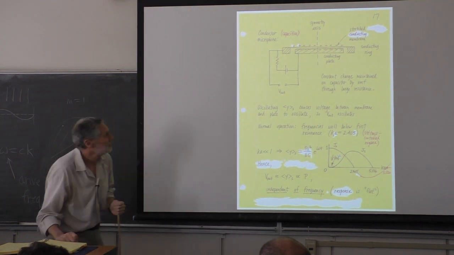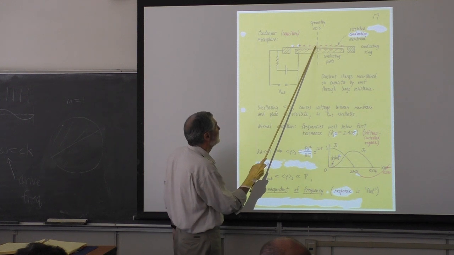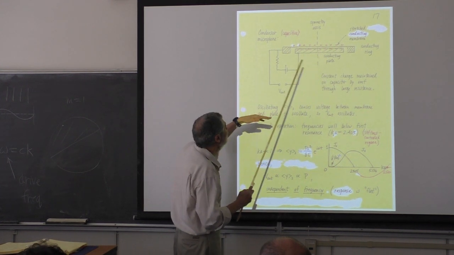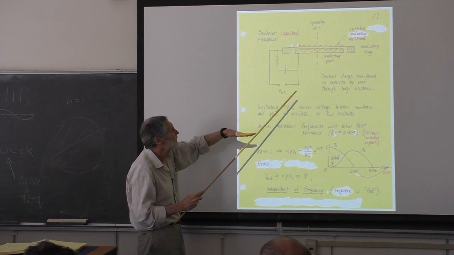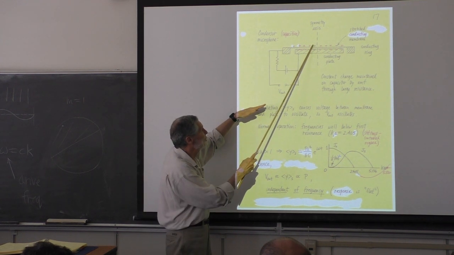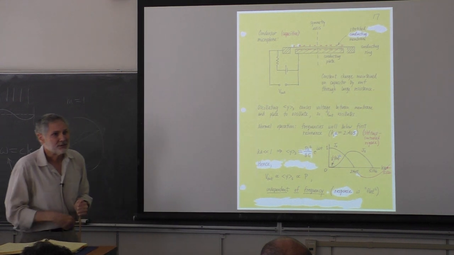It'll keep the equilibrium without the sound. It'll keep the equilibrium charge here constant. And when the sound wave comes, because the time constant here is long, it won't have time to change the charge, to keep the voltage constant. So that's the standard trick.